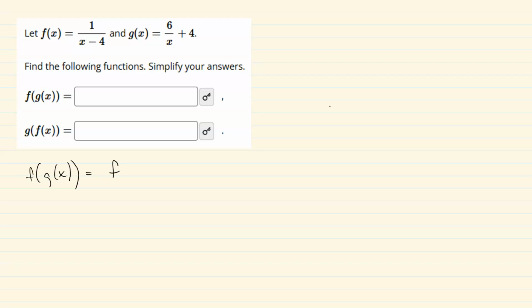We'll leave it as f, and we're going to plug in g of x, which we have right here. So where we had g of x, we now have 6 over x plus 4.